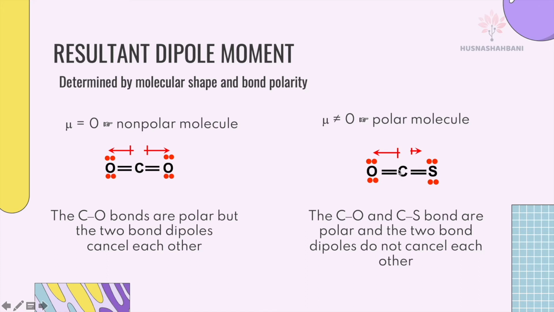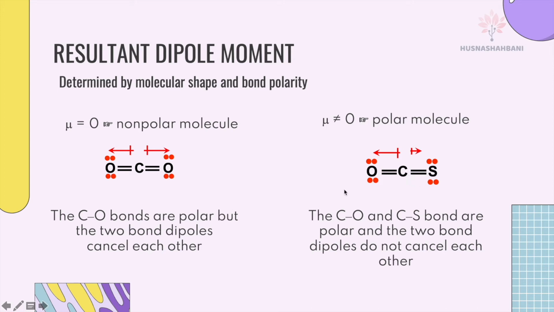For this one, COS, carbon and oxygen form a polar bond because they have different electronegativity. Carbon and sulfur also form a polar bond, but the difference in electronegativity values is different. Between C and O it has one value, and between C and S a different value.